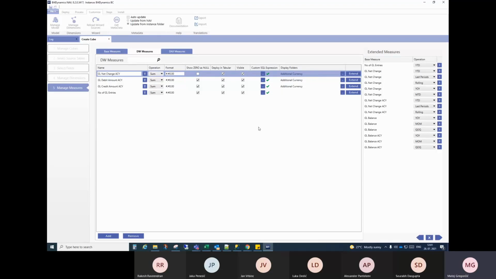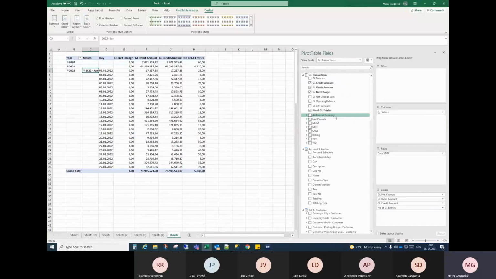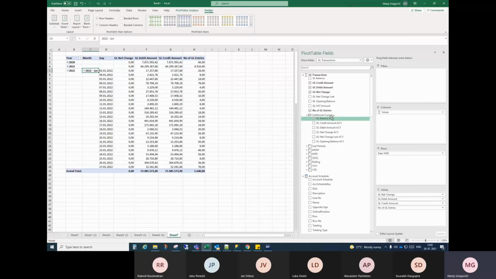We bundle together the measures with the aim of making the reports a little bit easier on the eye, and you will have them bundled together in a folder here. So if I open up this one, you will see ACY measures over here because we have put them in display folders.